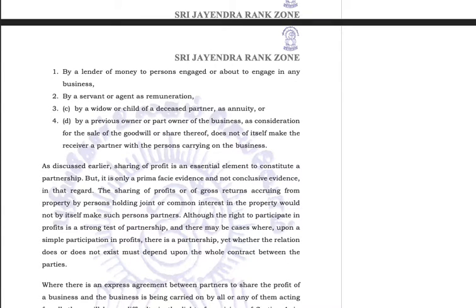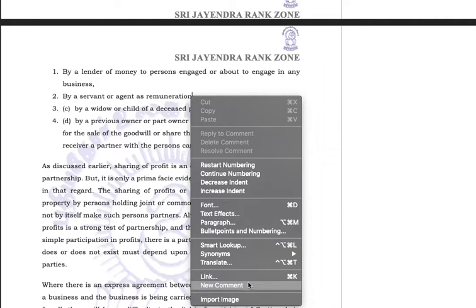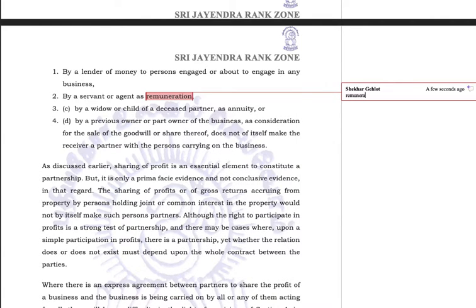I have a servant or I have an agent, but I give him only remuneration. I give him salary. Remuneration is salary, not a share in the profits. That is my salaried employee, not a partner. Salary, not profit sharing.